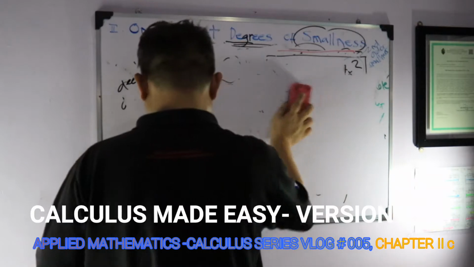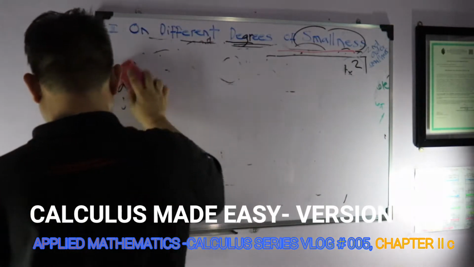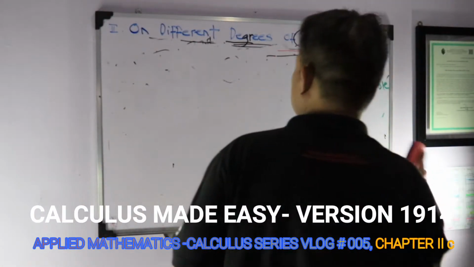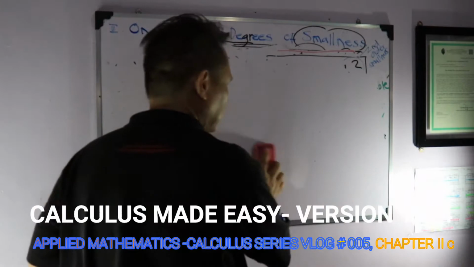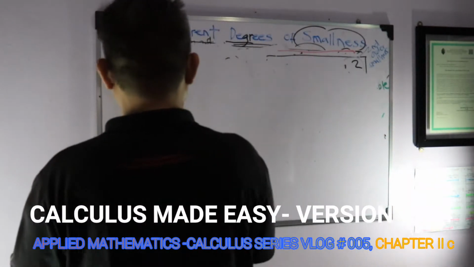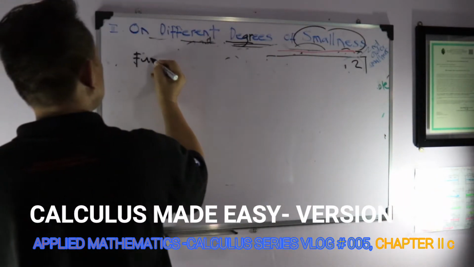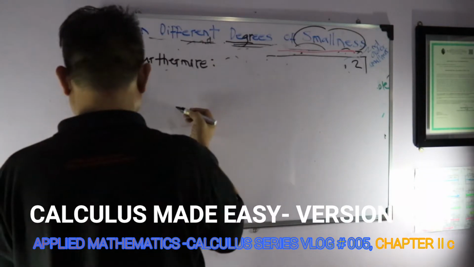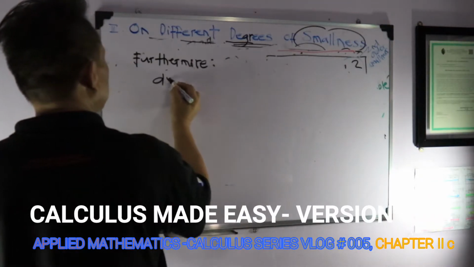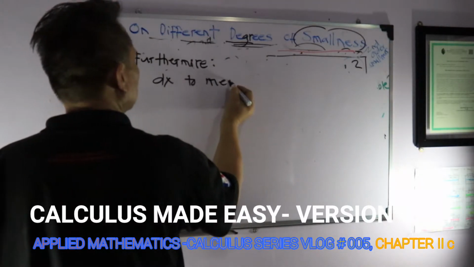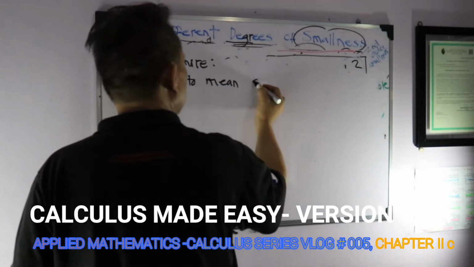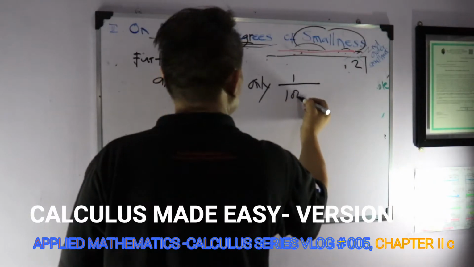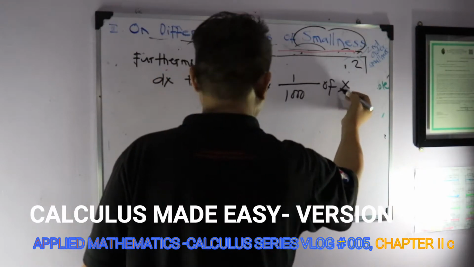Furthermore, say we had something in relationship that dx is only 1 over 1000 of x.